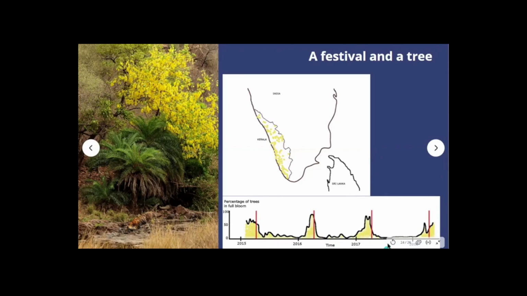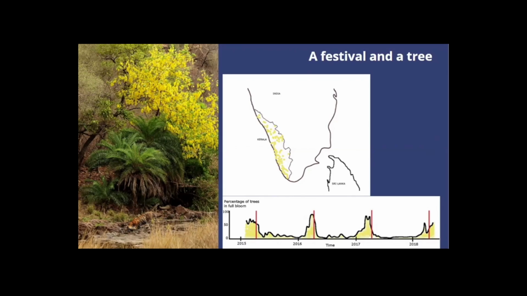So 4-year data, and the red vertical lines mark the week of Vishu. So we can see that especially here and here it's more clear that the peak flowering is happening just before the Vishu week. So indeed what people were noticing, that there is some change happening in the flowering time seemed to be true, and it was supported by the data.